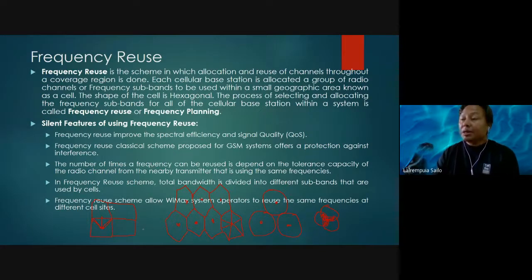And if we use a triangle, the center point distance is very much different compared with the hexagonal and also the square.